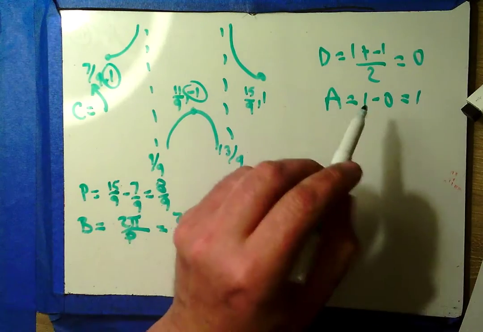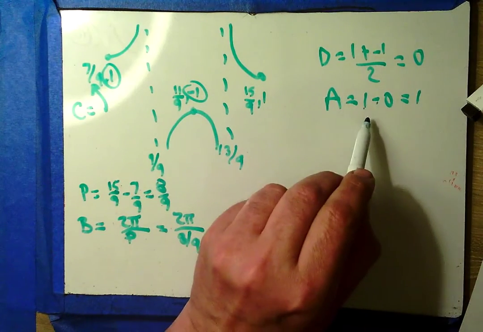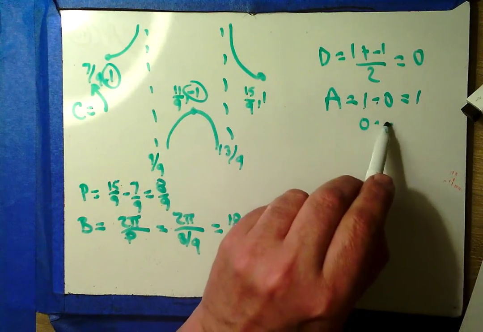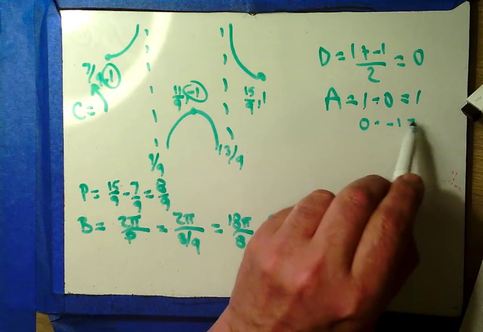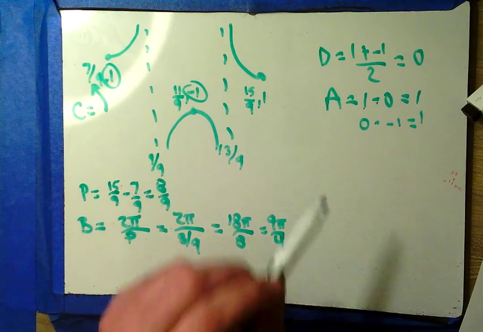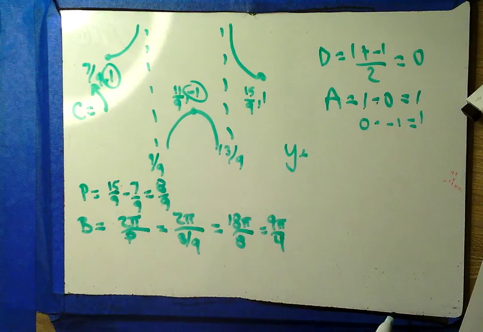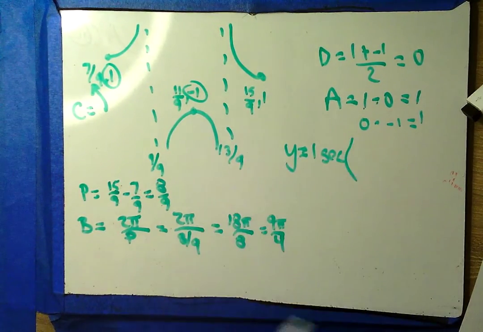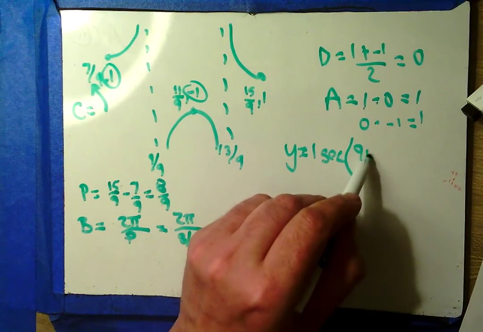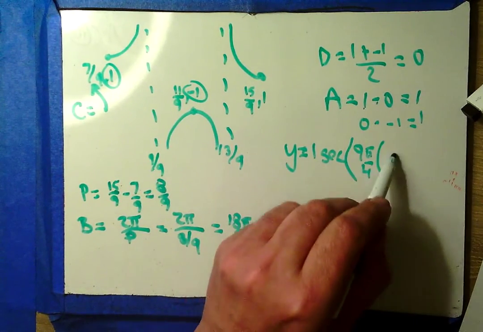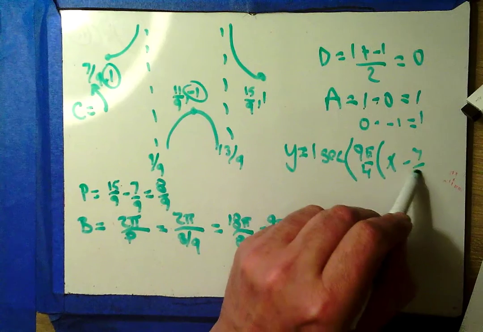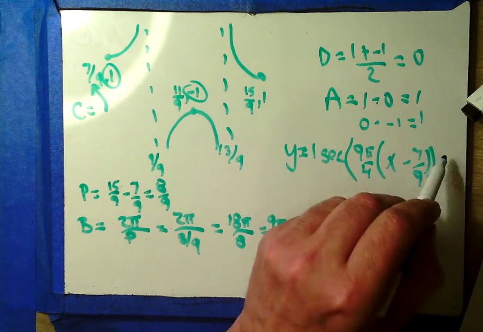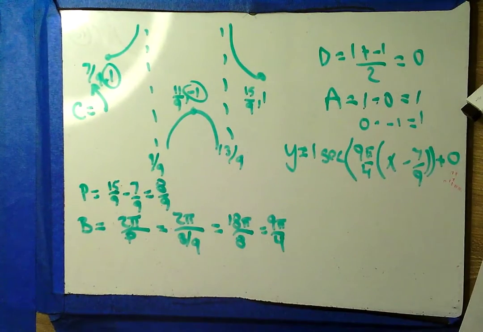Remember, we could also do, instead of high y minus d, d minus low y value and still get 1. So my equation, y equals, the amplitude was 1, secant, our b value was 9 pi over 4, x minus 7/9, close parentheses, plus 0.